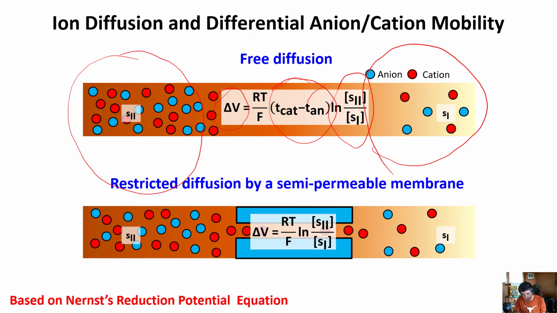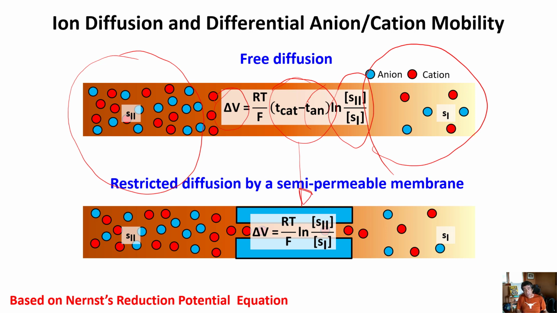But if you force the equilibrium through a constriction, and if you design this constriction such that only one of the two, in this case the cation, has mobility, then essentially you can design it so that the transport number of the anion is 0 in this equation. So if it's 0, you only have one transport, and it becomes a very simple relationship.